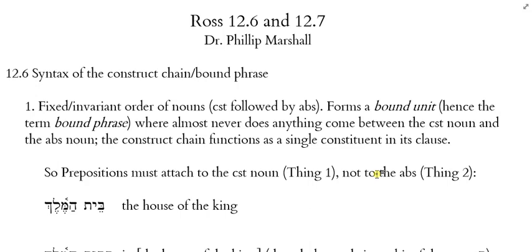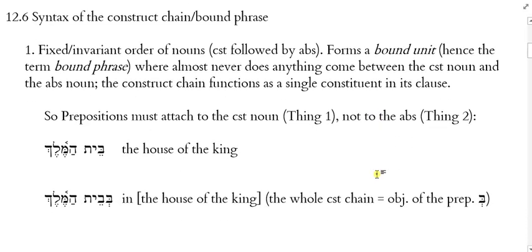So the first thing we see here is that there is a fixed or an invariant order of nouns. That is to say, the construct noun will always be thing one, the absolute noun will be thing two. So the absolute noun always follows the construct noun. You won't see the order reversed there, okay?